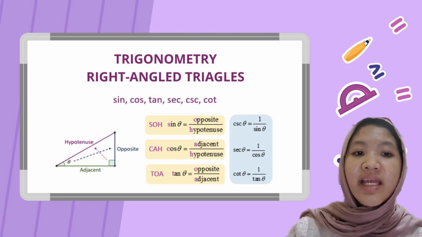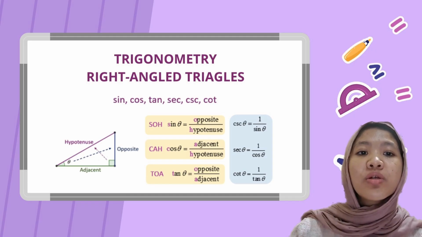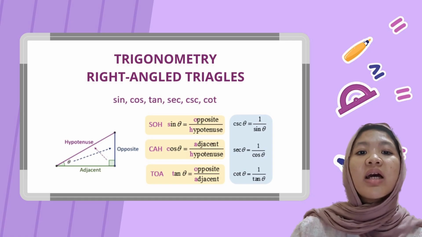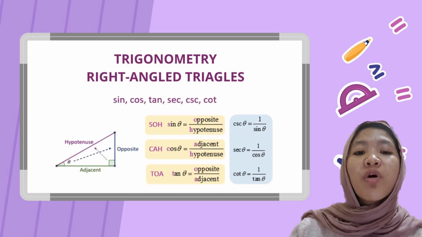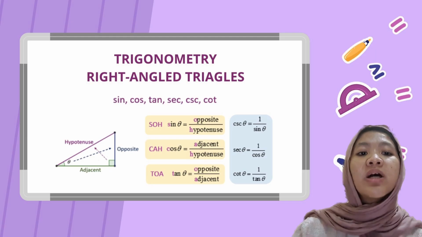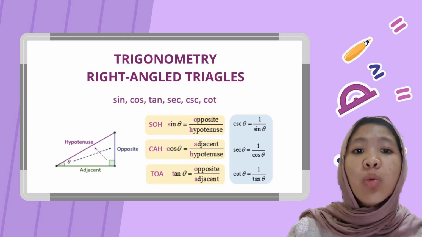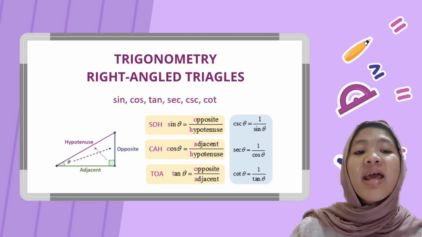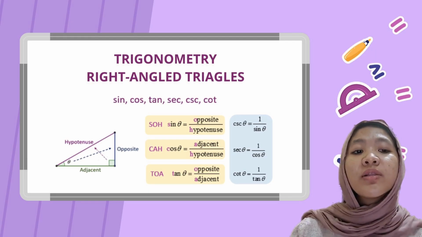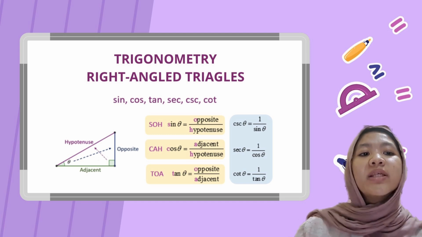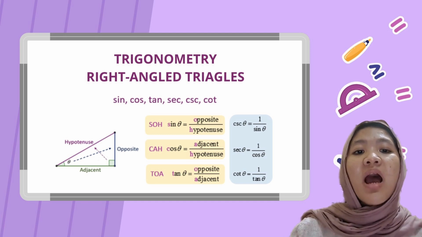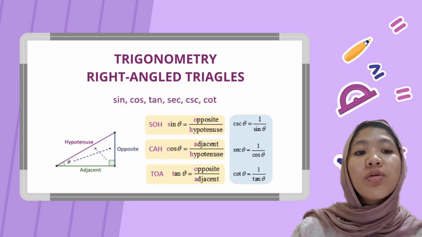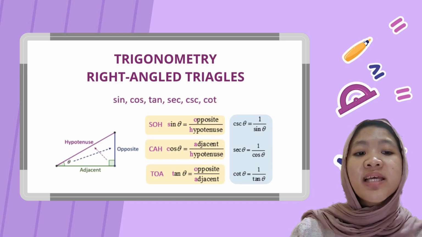CAH tells you cosine is the adjacent side over the hypotenuse. TOA stands for tangent, which is the opposite over the adjacent. We also have their reciprocals, cosecant, secant, and cotangent, which are basically just these ratios flipped upside down. It all depends on your point of view relative to the angle theta.